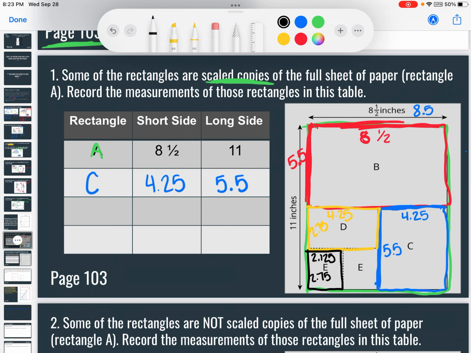And since each side is a fourth of my original, my green one, which you can't really see anymore, since both sides, my short and my long, are a fourth, that means it is a scaled copy. So E is a scaled copy. My short side is 2.125, and my long side is 2.75.